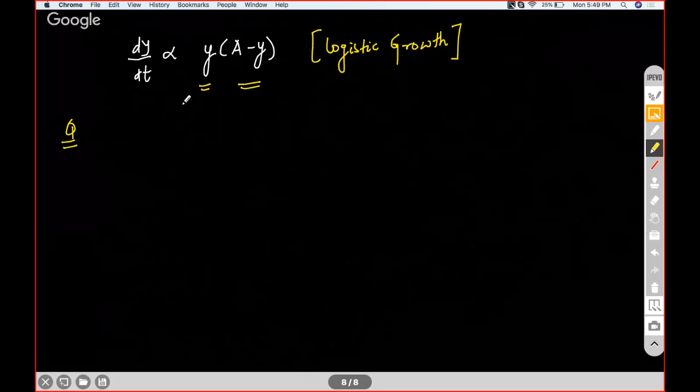Because of limited food and space, a squirrel population cannot exceed 1,000. It grows at a rate proportional both to the existing population and to the attainable additional population.